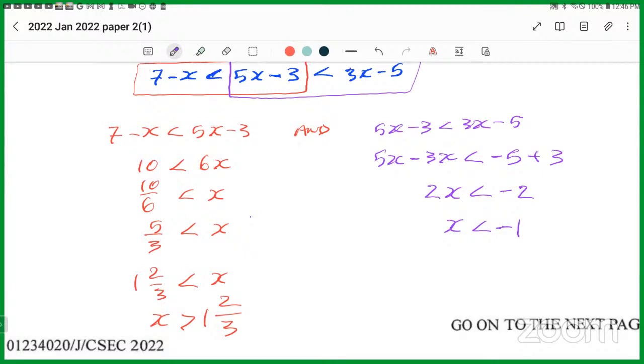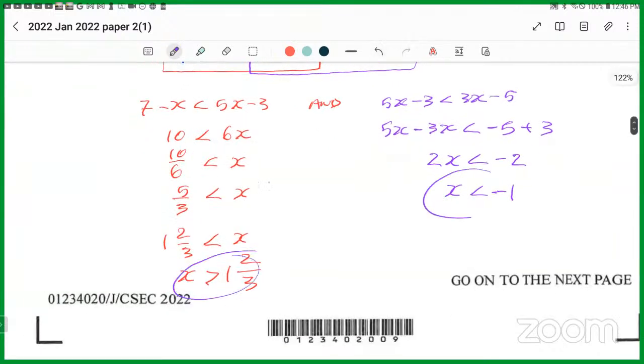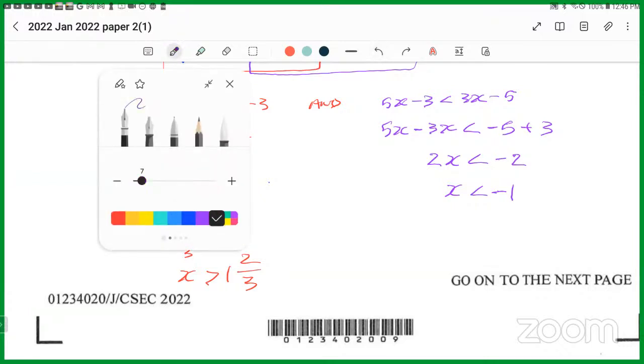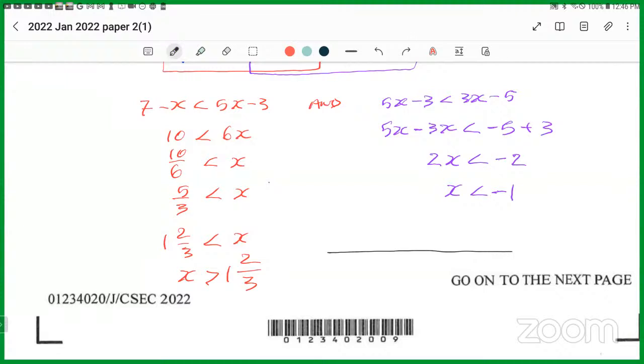So look what I'm having now. I'm having x is greater than 1 2/3 and x is less than negative 1. So what you want to do now is draw a number line combining both of them. Let's put it right here. So I have 0, let's make it wide, 1, 2, -1, -2.